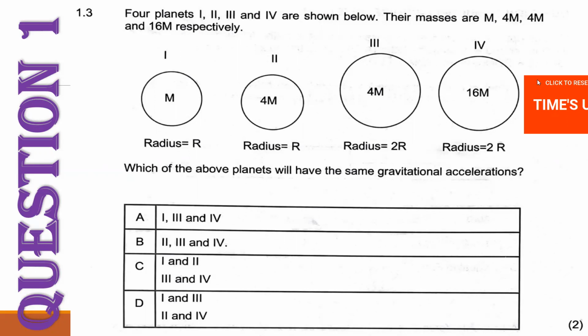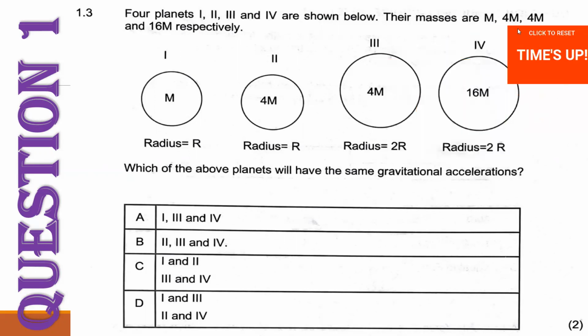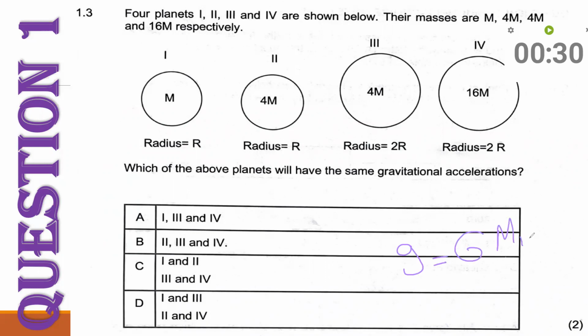So for gravitational acceleration, we have a formula. It is in the formula box, but I can write it here for you. G equals capital G times M over R squared.